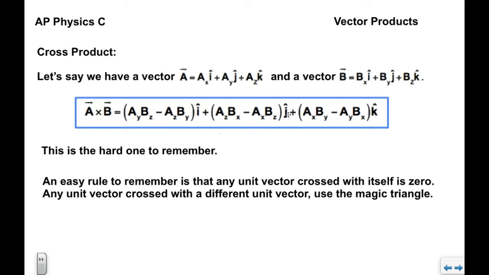For the J term, again, we have the other two, Z and X, X and Z. For the K term, we have the other two, X and Y, Y and X. Switch them and subtract. One easy rule to remember is that any unit vector that's crossed with itself is 0. Any unit vector crossed with a different unit vector, you use the magic triangle.